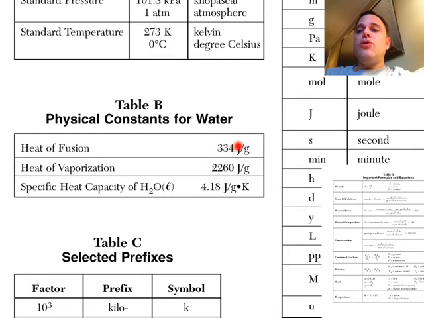So you need 334 joules for every 1 gram of water that is going to be melted, or for that matter, even frozen, because either it's absorbed or released, the energy that is, but it's 334 joules per gram. Here's our heat of vaporization, 2,260 joules per gram, again to convert water to gas or even back from gas to liquid. And here's our specific heat capacity, 4.18 joules per gram degree Kelvin.